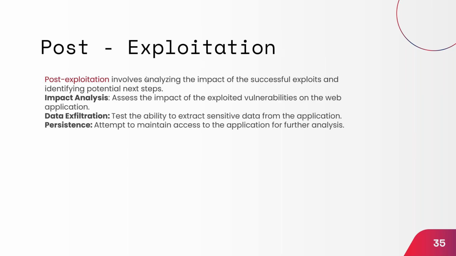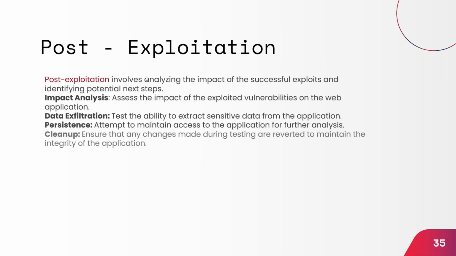So in post exploitation, it's like after getting into the system, after breaking into the system, we see to what level we will be able to penetrate the system, and what sort of sensitive data we can access. From an attacker's point of view, they also try to install some sort of malware on the same system after compromising it to maintain a persistent connection.